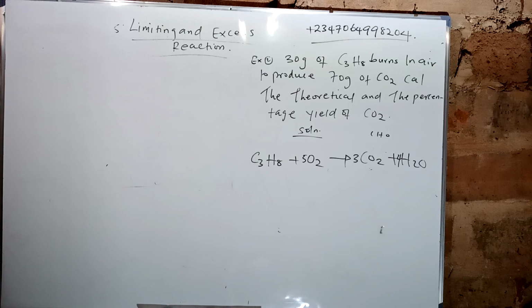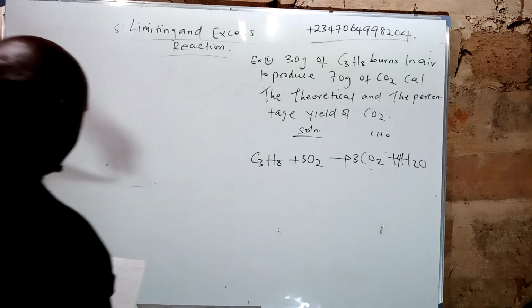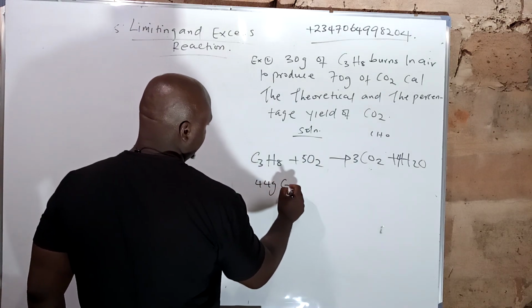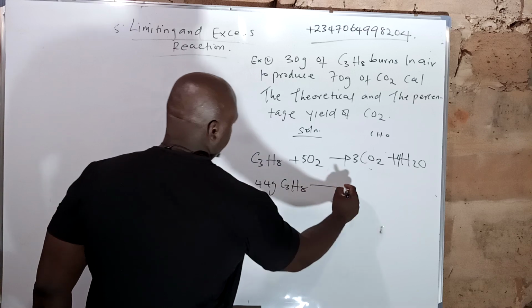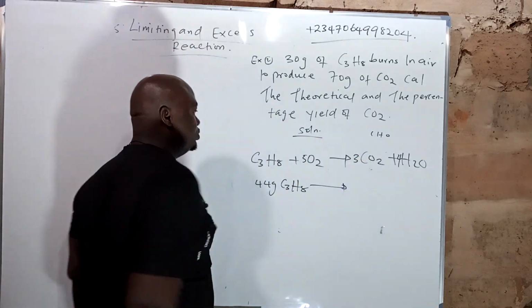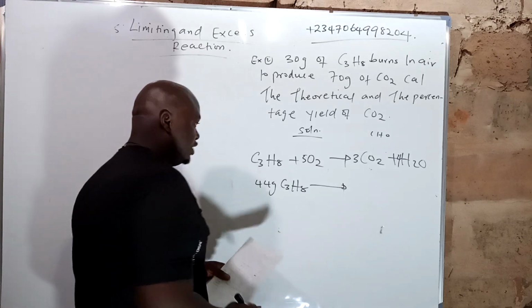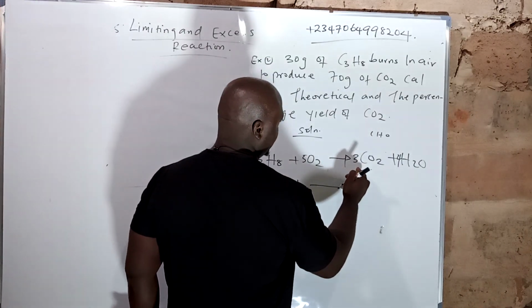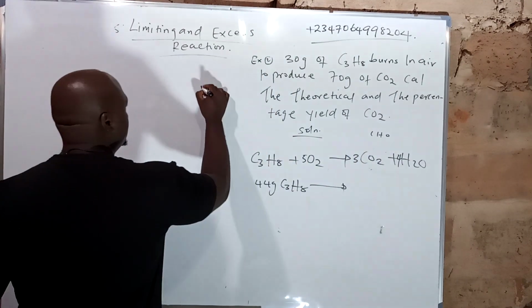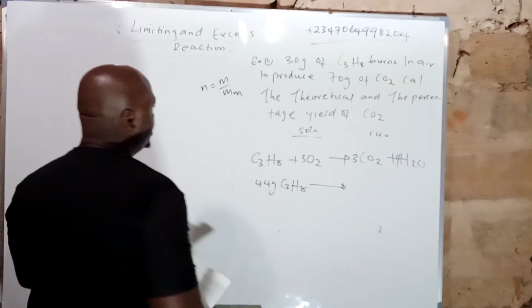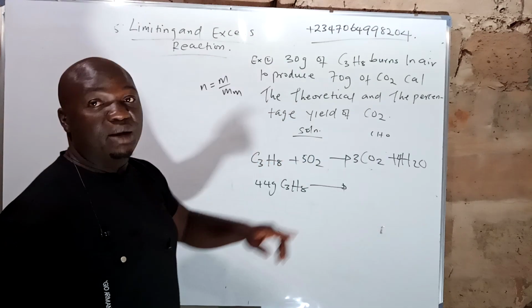So 12 times 3 plus 1 times 8, the molar mass of this compound is 44 grams of C3H8 to give you CO2. That should give you 44, but we have 3 moles here. Remember, moles is mass over molar mass, right? And so remember, these coefficients are moles.